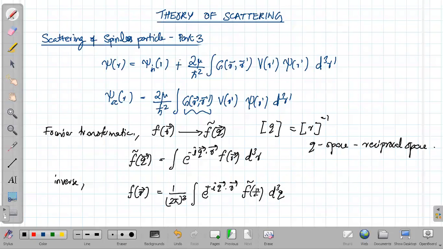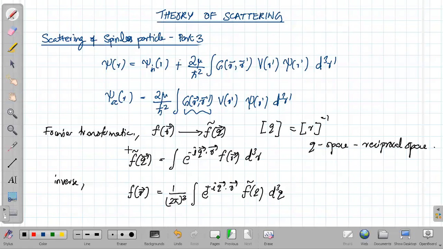In certain cases, the treatment with the reciprocal space will help us find the solution, or make the mathematical steps simpler. So such kinds of transformation are always used: the Fourier transformation, Laplace transformation, logarithmic transformation, and so on.